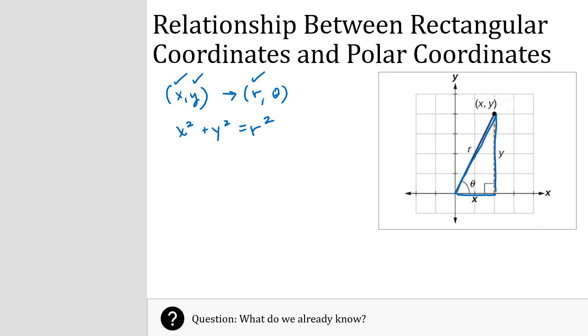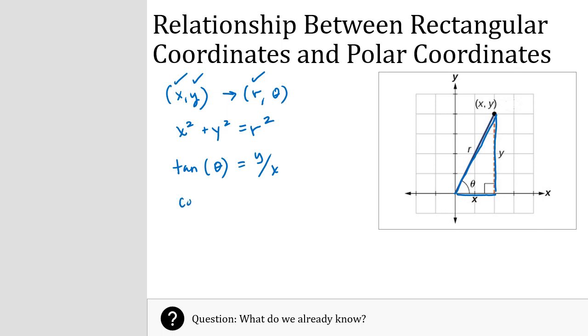What else do we know? Now that we know x, y, and r, how can we find theta? Well, we know that there are some right triangle properties that relate x, y, and r to theta. Those right triangle properties are that the tangent of some angle theta is equal to y over x. Those were the SOHCAHTOA rules that we learned in an earlier section.